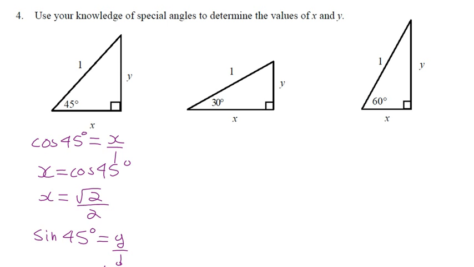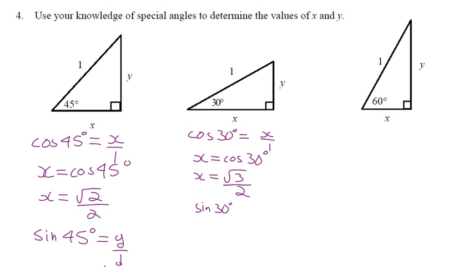Okay, 30 degrees. What's the cosine of 30 degrees? So cos 30 degrees is x over 1, which means that x is equal to the cos of 30 degrees, which is root 3 over 2. What's the sine of 30 degrees? Which is y over 1, which means that y is equal to sine 30 degrees, which is 1/2.